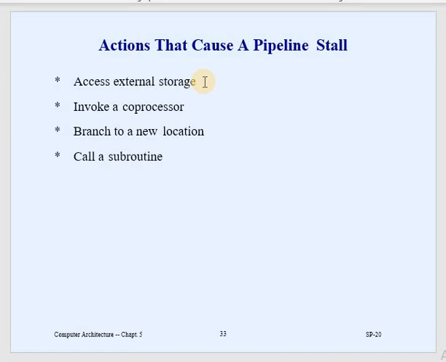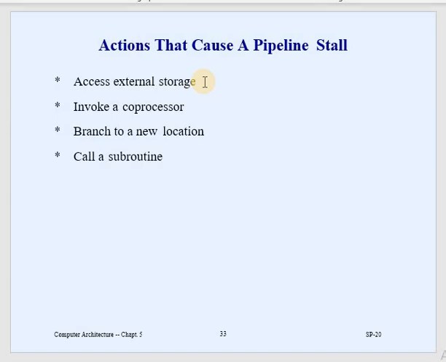When a coprocessor is invoked, the role of the main processor is to understand the command type, whether it is an arithmetic command, a logical command or a word processing command, and then it invokes the appropriate coprocessor. So in this a stall comes, and the third one is the branch to a new location.